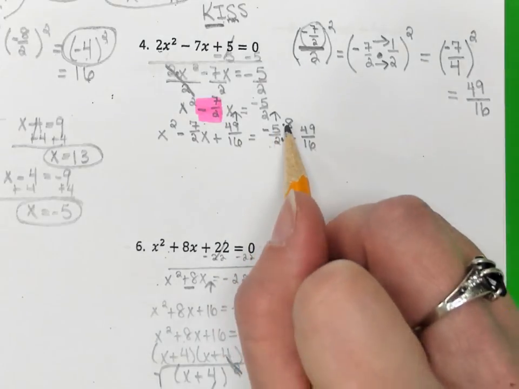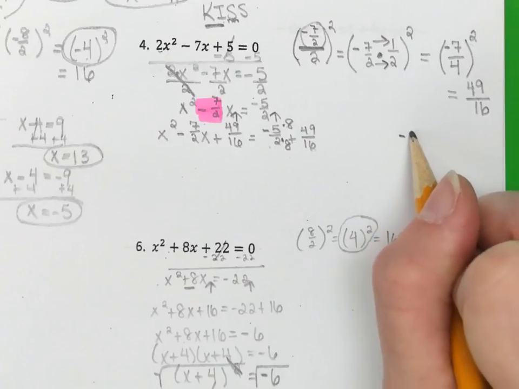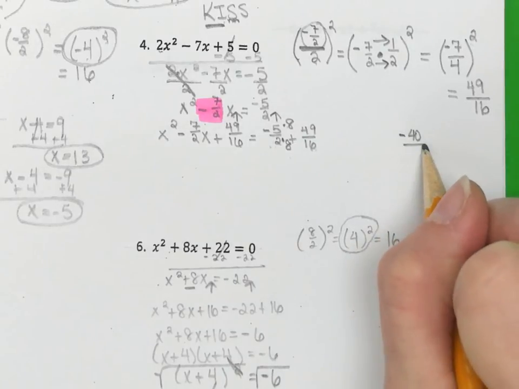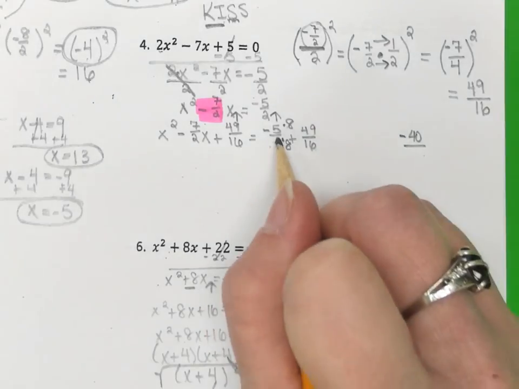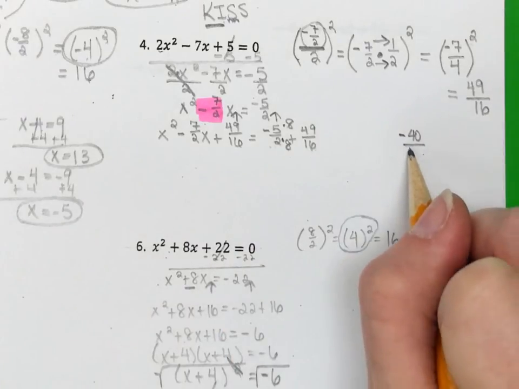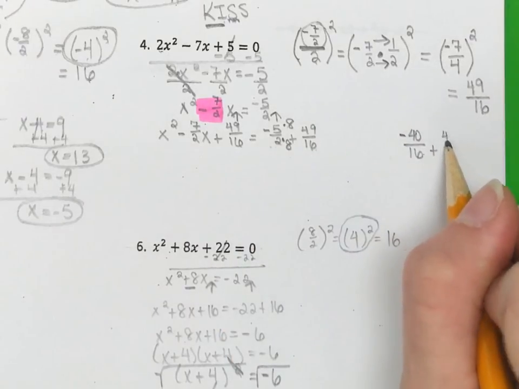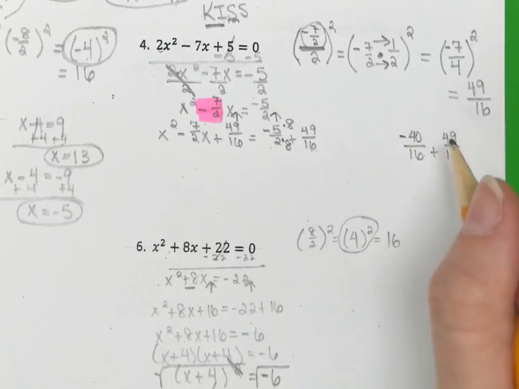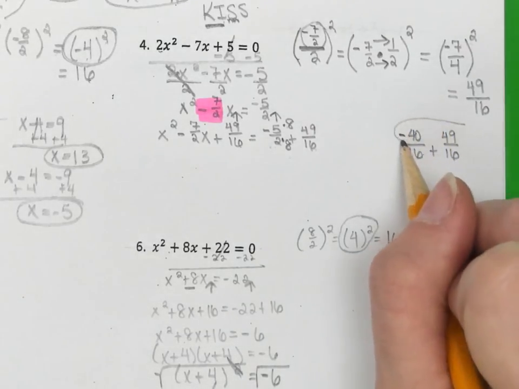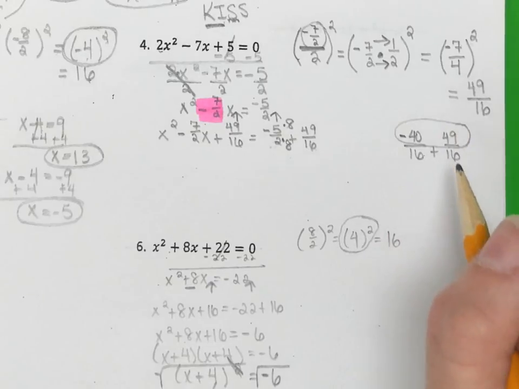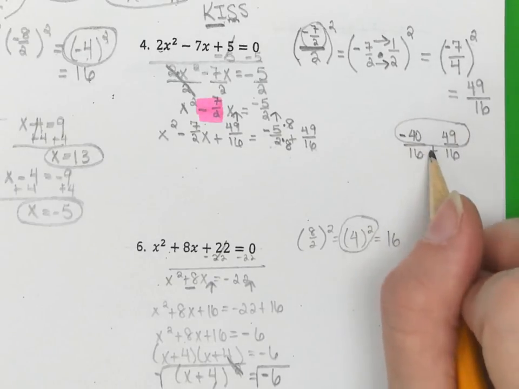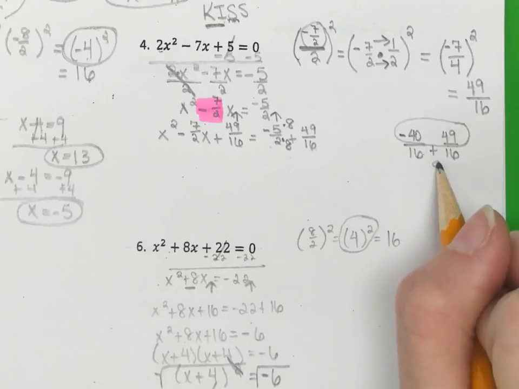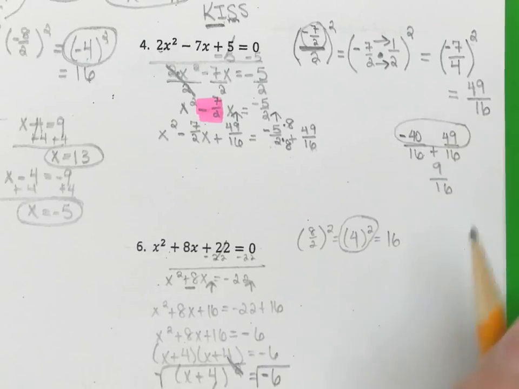What's negative 5 times 8? Negative 40. What's 2 times 8? 16. There you go. Alright, now only add the top. Don't touch the bottom when you're adding. What's negative 40 plus 49? 9. Positive 9 over 16, okay?